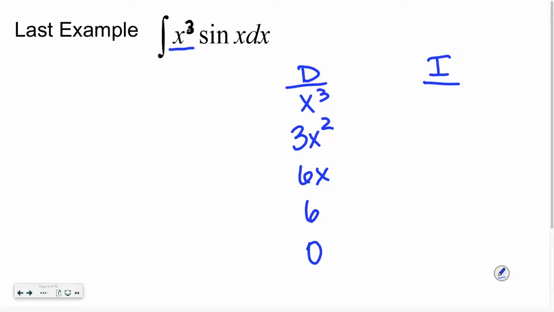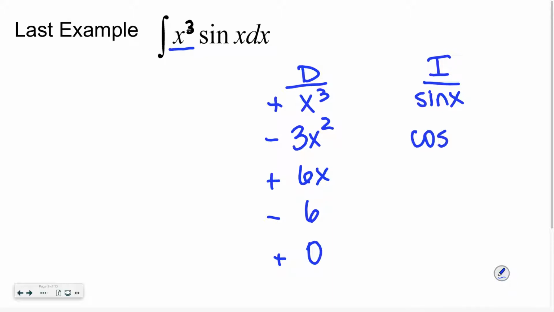And then we do plus minus plus minus plus. Oh, this is a trickier one. Sine of x is what we're going to integrate. What's the antiderivative of sine of x? Negative cosine x.